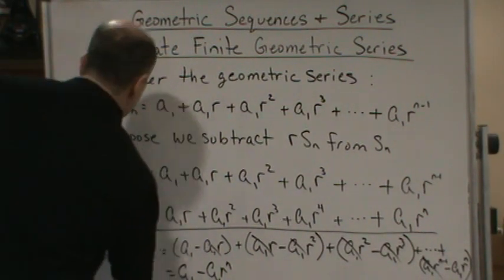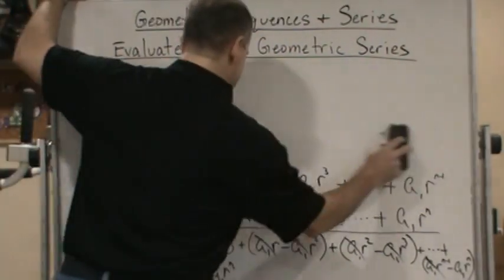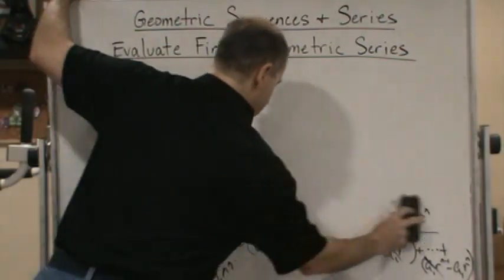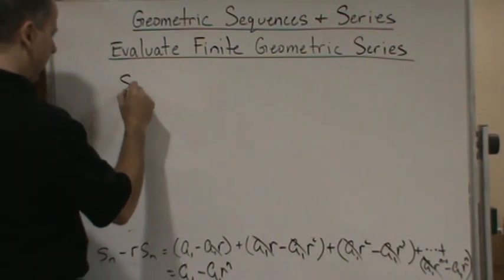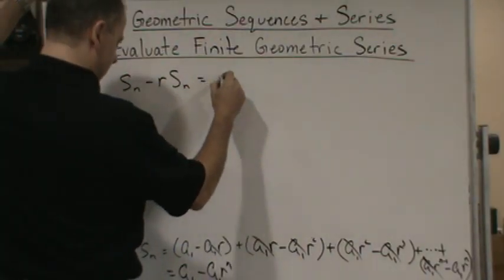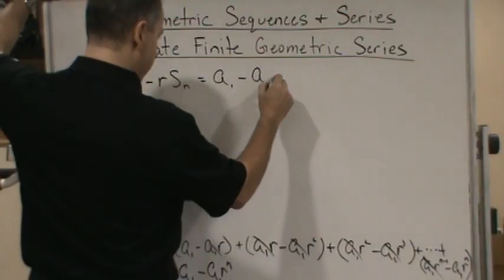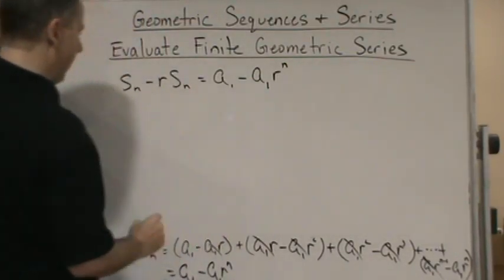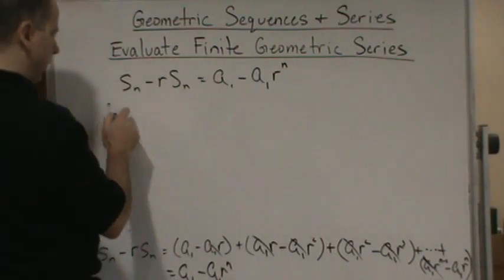Okay, now let's go back to the top, because we're right at the end. What do we end up with? S of n minus r times S of n is equal to a sub 1 minus a sub 1 times r to the nth power. Now, we're solving for S of n, so I'm going to factor out S of n here.